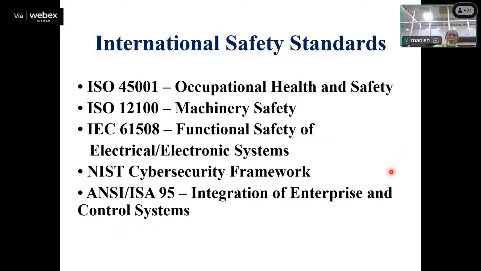ISO 45001, that is the occupational health and safety. ISO 12100, that is the machinery safety. Then the IEC 61508, functional safety of electrical and electronic systems. Then the NIST cybersecurity framework, that is another thing. Then ANSI ISA 95, integration of enterprise and control systems. So these are the international safety standards.